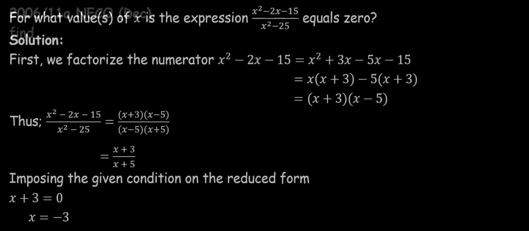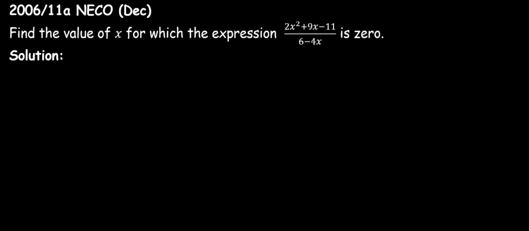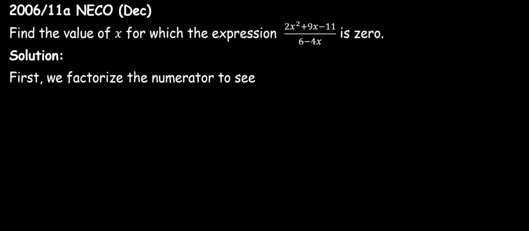Another example. Find the value of x for which the expression (2x squared plus 9x minus 11) divided by (6 minus 4x) is 0. Solution. First, we factorize the numerator to see whether it will simplify further.